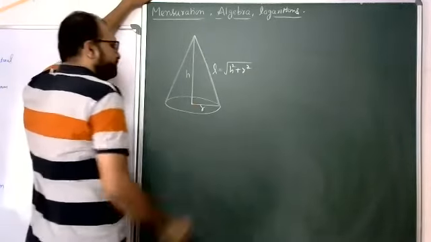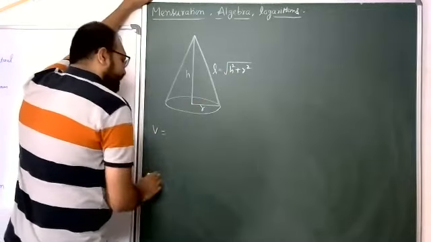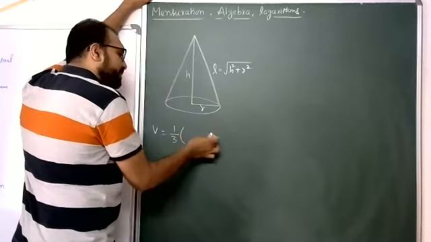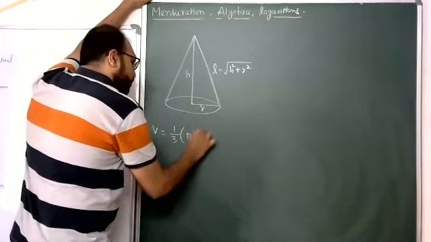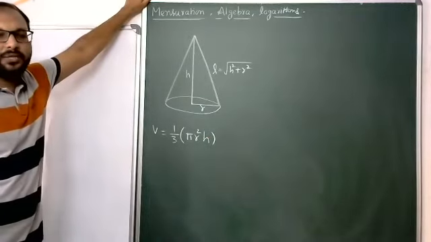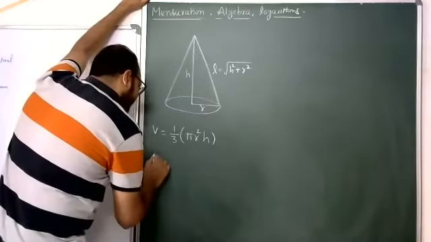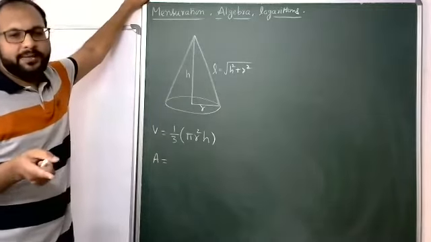Now just like the pyramid, volume is 1/3 area of the base into height. What is the base? Pi r square into h. Pi r square into h. Now students, suppose now surface area you need. Here two different surfaces we have.